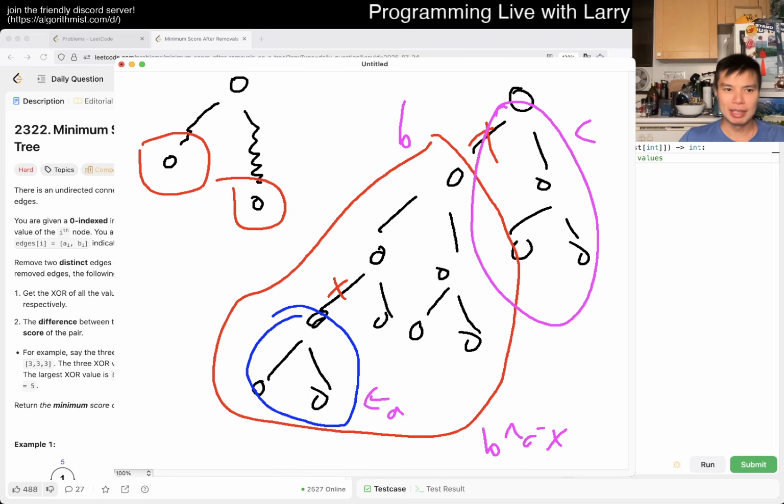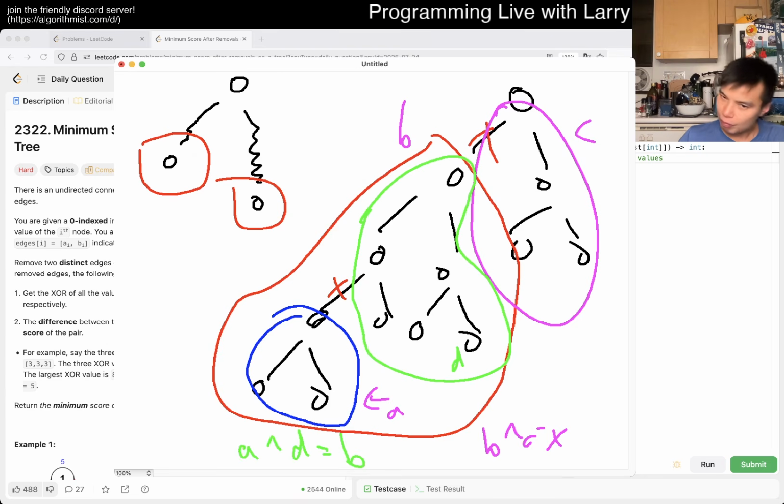Let's say B is the entire red thing, and maybe this is BT for B total. Whatever, let's call the green part D. Then now you have A XOR D is equal to B, right?